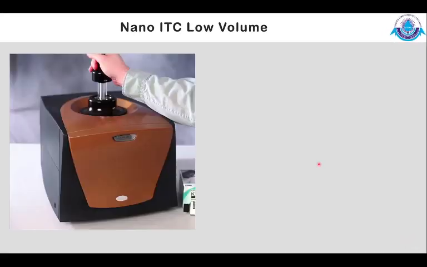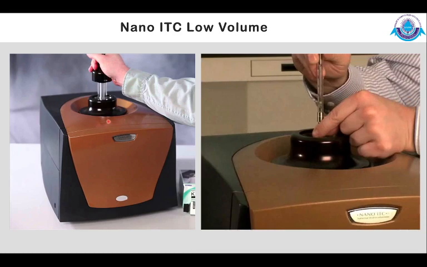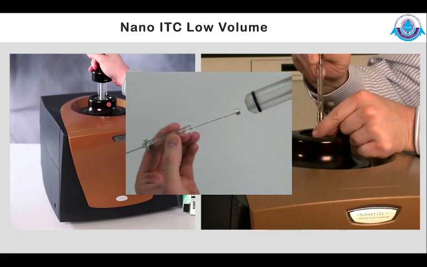Initially, we remove the piston head, that is the motor head, and that gives you access to the sample and reference cells. You inject the sample, that is your protein, into the sample cell, and fill the reference cell with the buffer. Once this is done, we take the injector needle, that is the ligand needle, a micro needle and micro syringe.